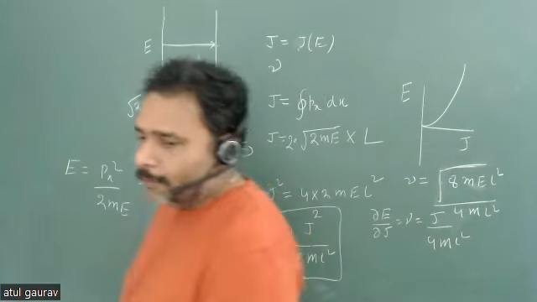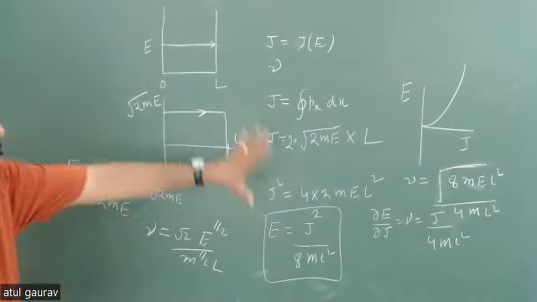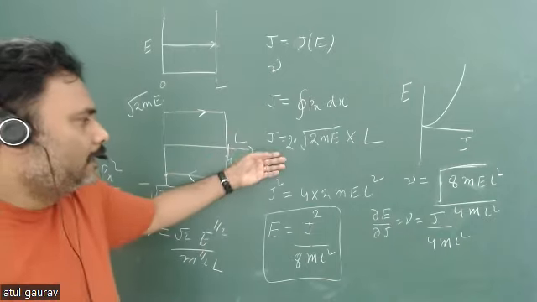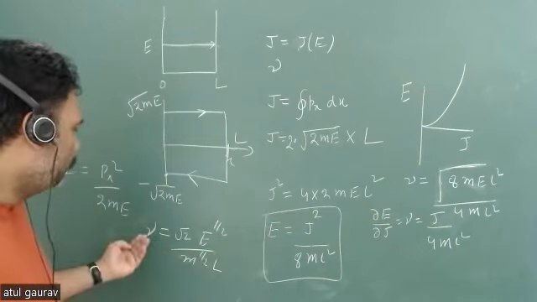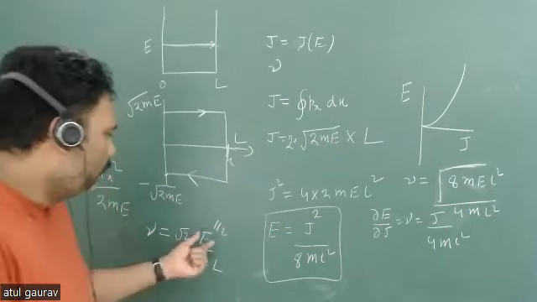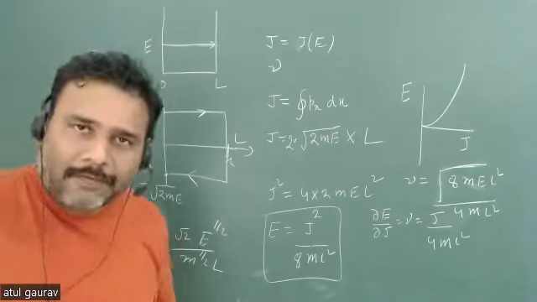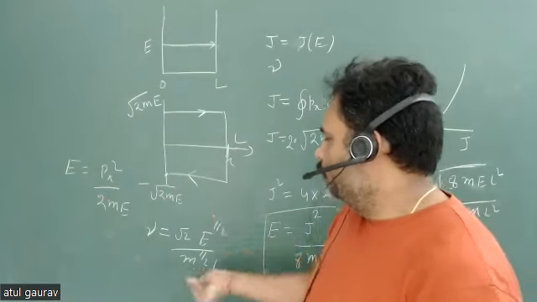So you can easily calculate this. They can ask about J, about this particular plot, about frequency as a function of E. They can ask, if energy is doubled, what will the frequency be?